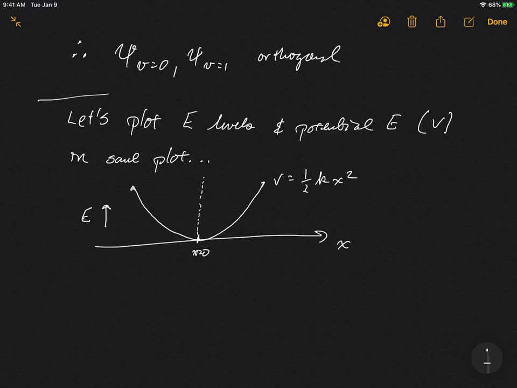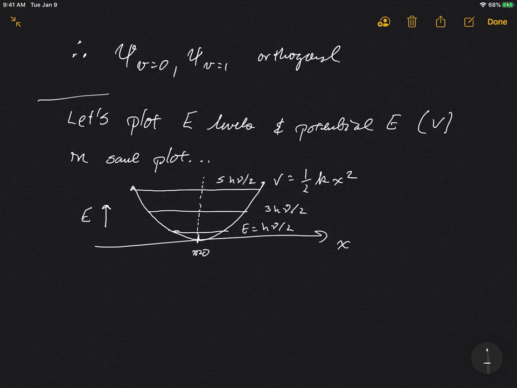And then on top of that, we can plot our quantum mechanical energy levels. We'll just do the first few here. So that's h nu over 2, and 3h nu over 2, and 5h nu over 2.